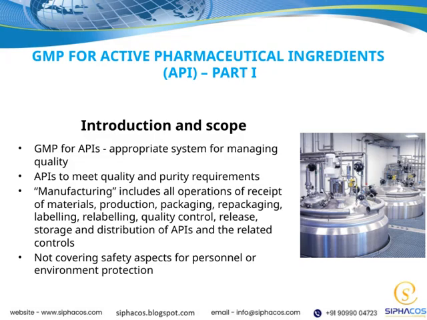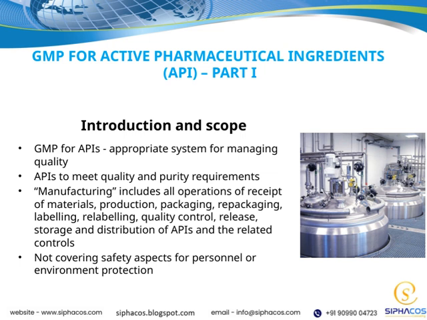Welcome to this section on Introduction and Scope. Here, we'll discuss the importance of GMP, or good manufacturing practice, as an appropriate system for managing quality in the production of APIs. The goal is to ensure that APIs consistently meet quality and purity standards essential for safe and effective medicines.